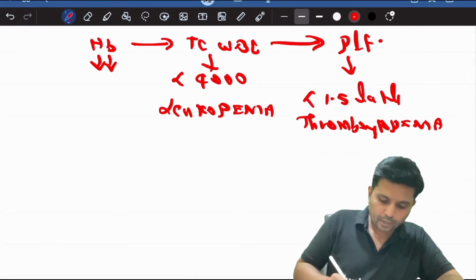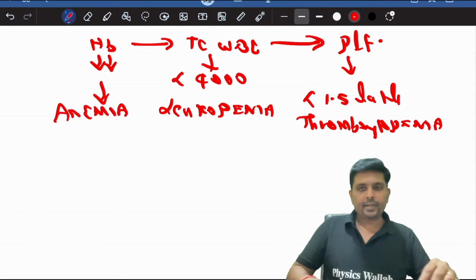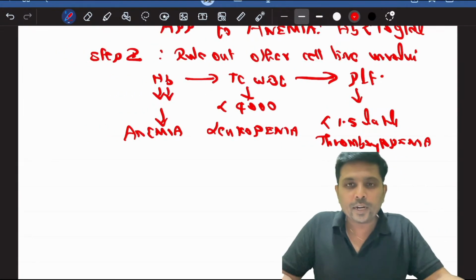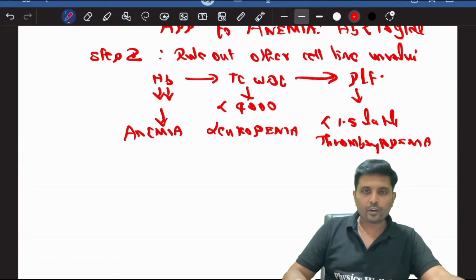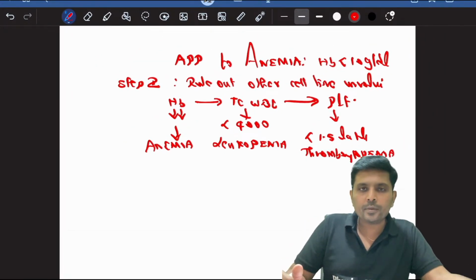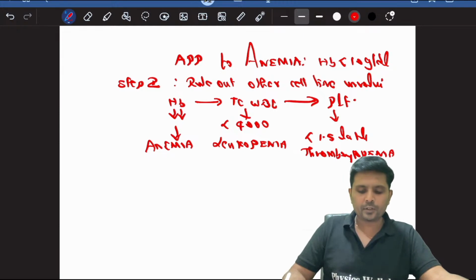So whenever you have anemia, a hemoglobin of less than 10 grams per deciliter, you need to look for other cell line involvement. That is whether WBC is also affected, platelet is also affected.